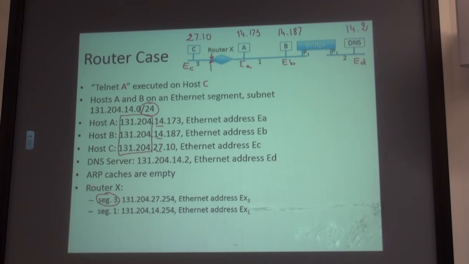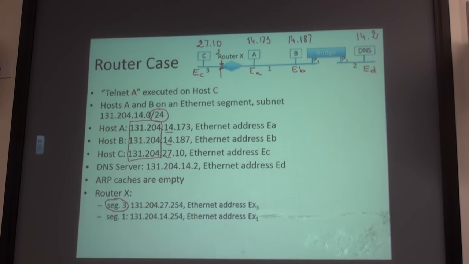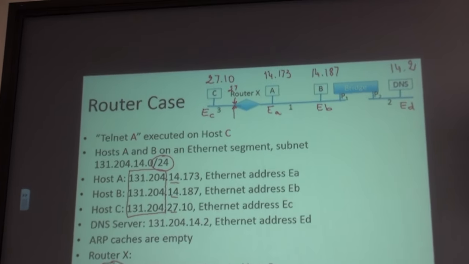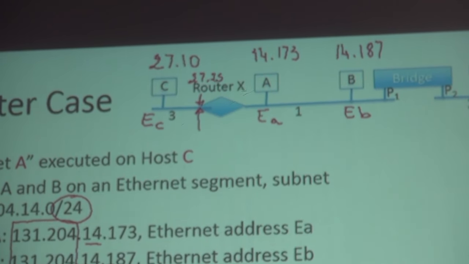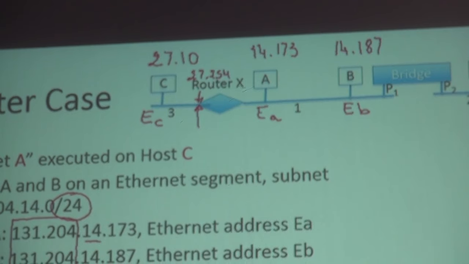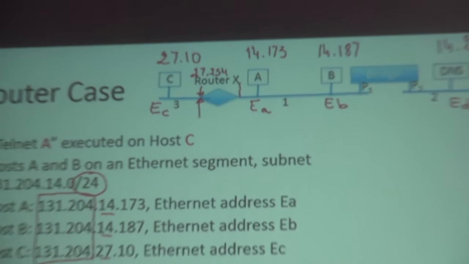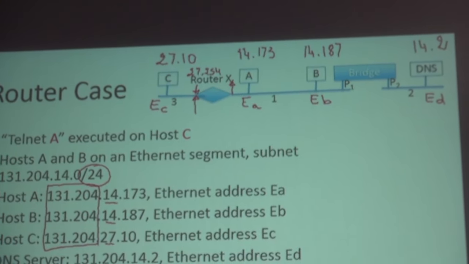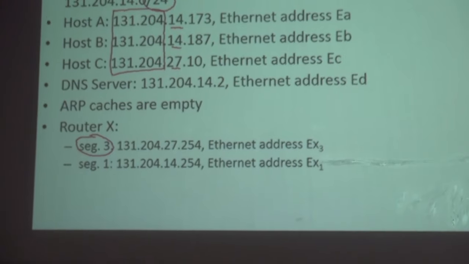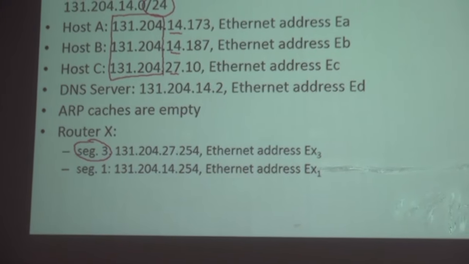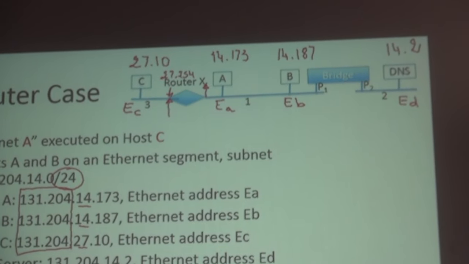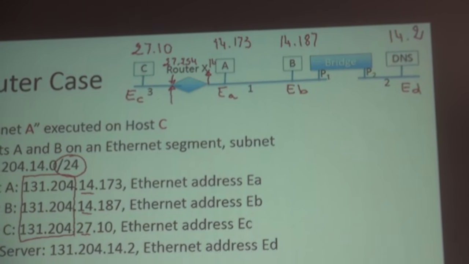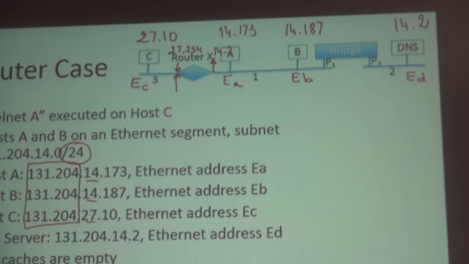On segment 3, it has 27.254. And on this side, what is its IP address? On segment 1, it is 14.254.